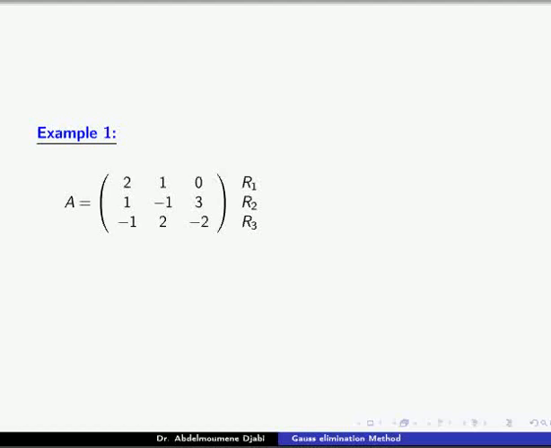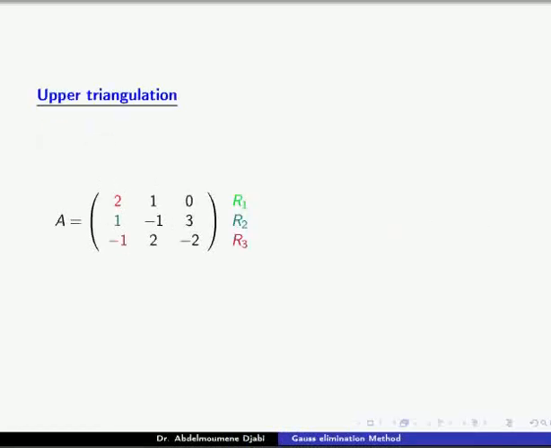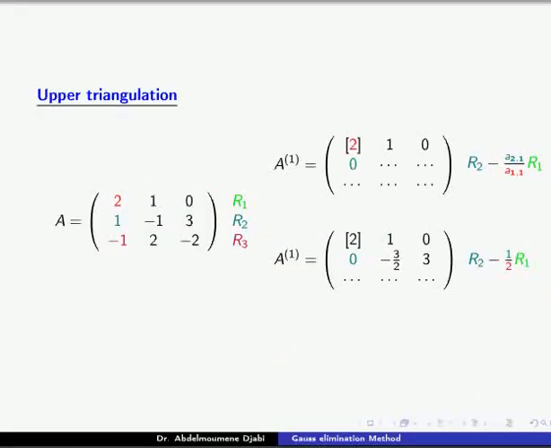We have the first example. A is a matrix of third degree. For the upper triangulation, first we choose the pivot element and we get 0 under this element with the following relation.